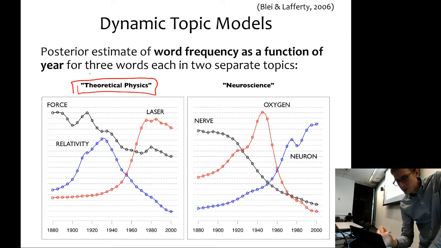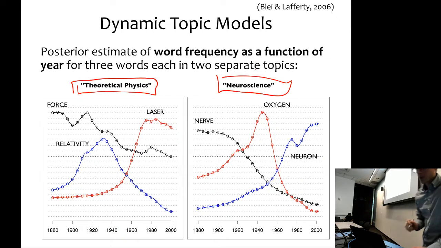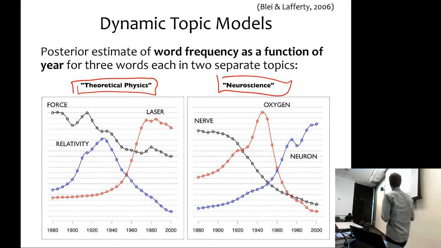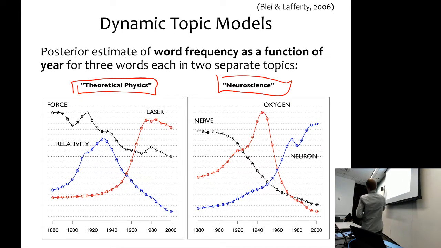We should be careful to observe that those titles for topics are retroactively applied, right? There was some collection of words, some distribution over words, that the authors of this paper thought looked like a theoretical physics topic. And then there was another one that looked like a neuroscience topic.